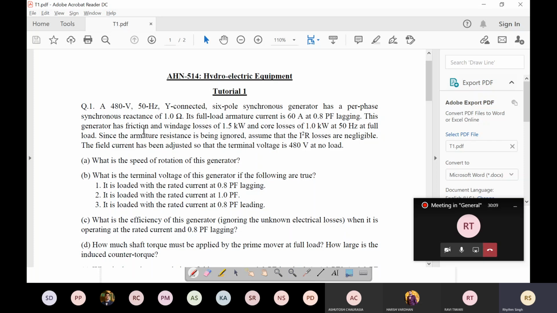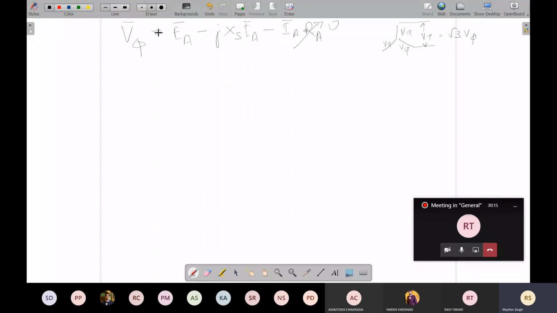And it says that at no load, the terminal voltage is 480 volt. No load means when IA is 0. So that means at that time, the entire induced EMF will be appearing at the terminal voltage because there is no drop in the armature winding. So therefore, from this we can understand that your VT, which is 480 volt at no load, is nothing but √3 V phi, and because it is at no load, IA being 0, this V phi is equal to EA.